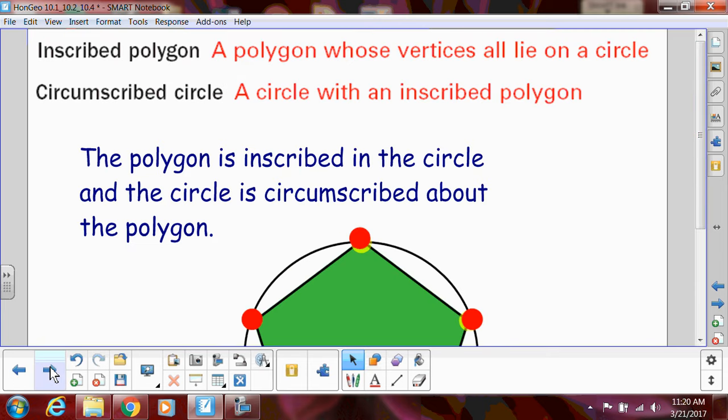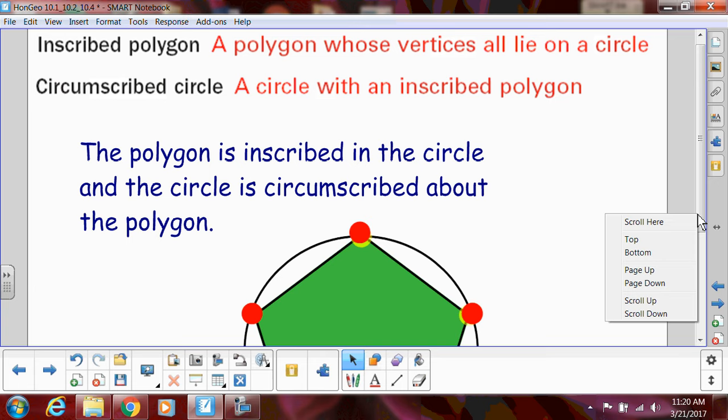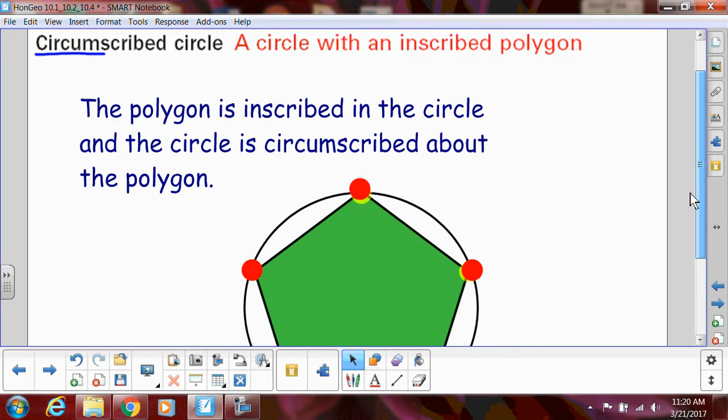Another thing about inscribed angles is we can make polygons. If I just have a bunch of inscribed angles, then I can make a polygon. A polygon whose vertices all lie on the circle is an inscribed polygon. Remember that the prefix circum means around, so a circumscribed circle is a circle drawn around a polygon, a circle with an inscribed polygon.